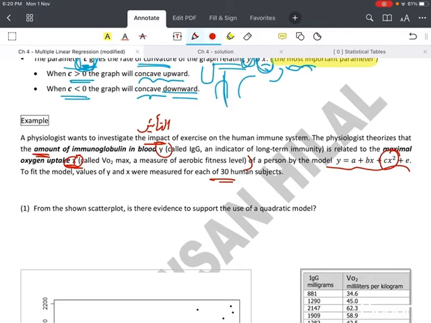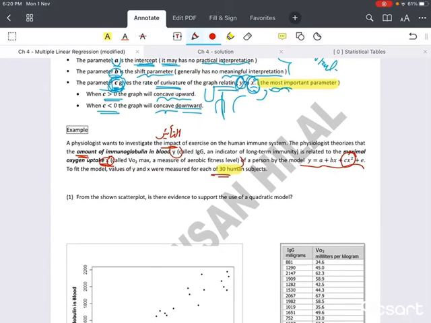This is important: it means n equals 30. And the equation will be of the second order.